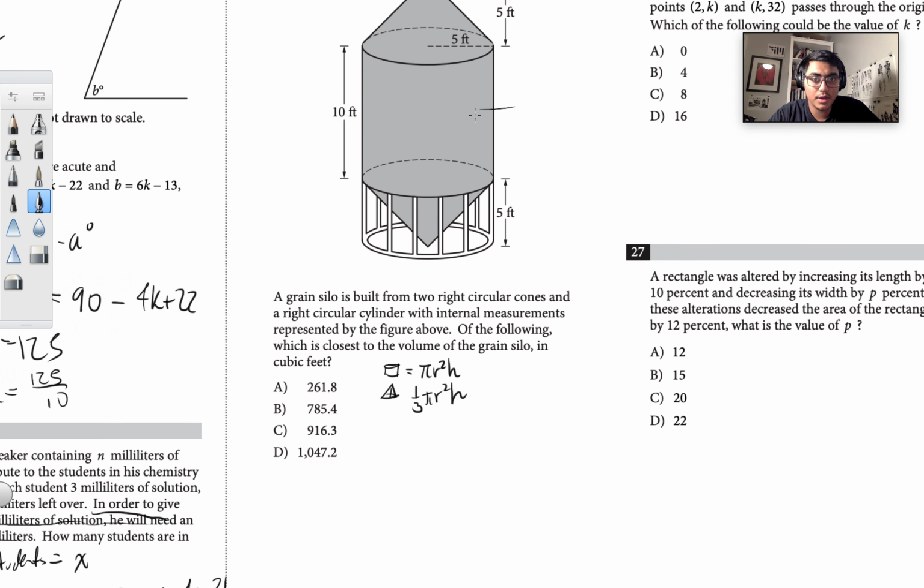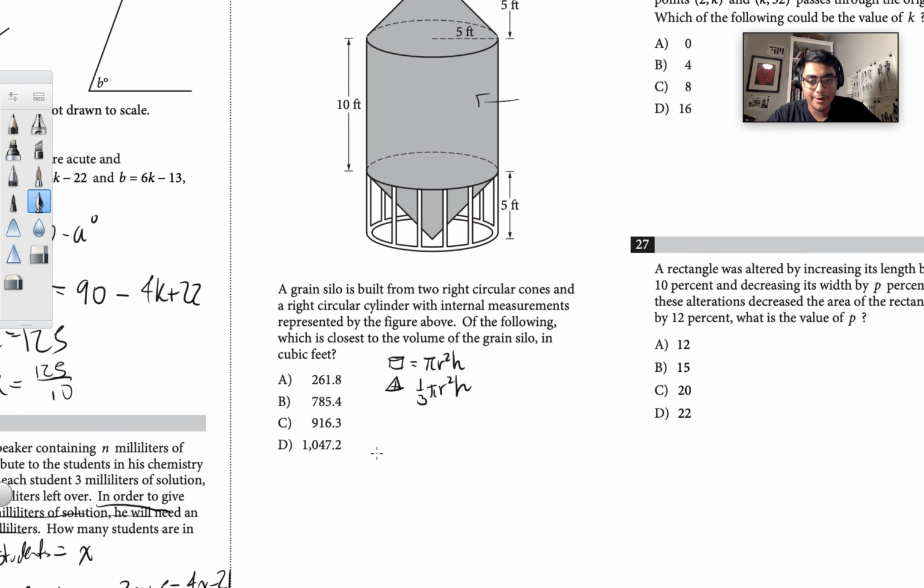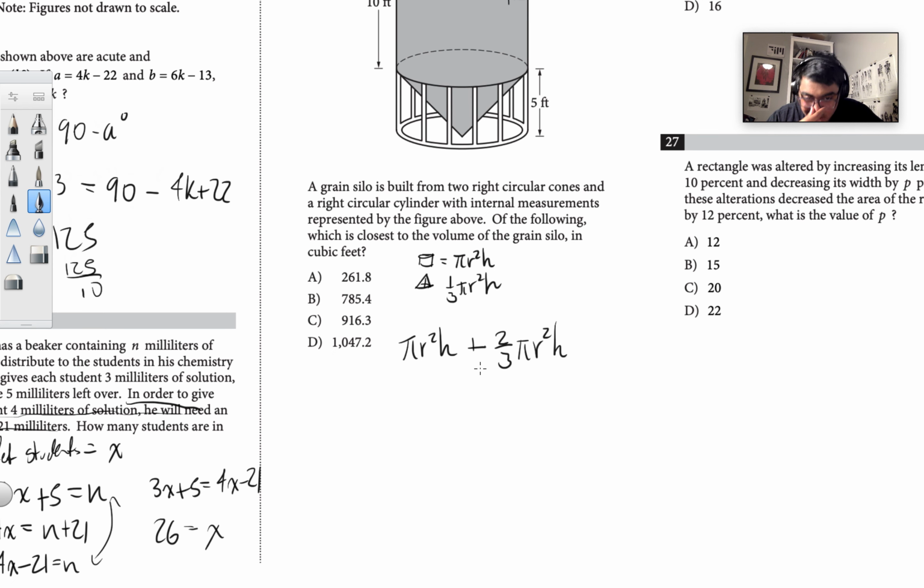So let's just figure this out symbolically. Let's just figure this out with variables first, and then we can plug in the numbers after. So we have one cylinder and 2 cones. So we have 2/3 pi r squared h. And now we can simplify a bit further.